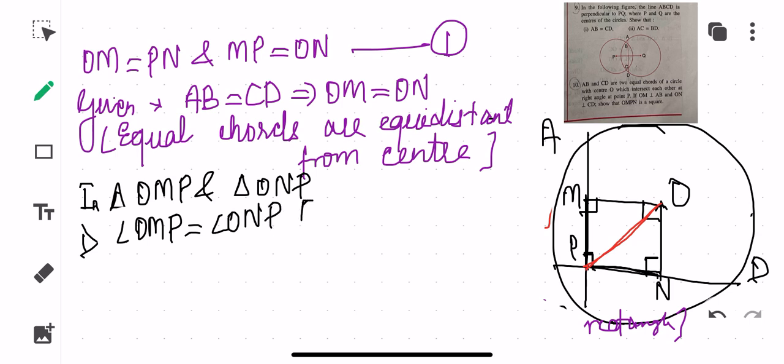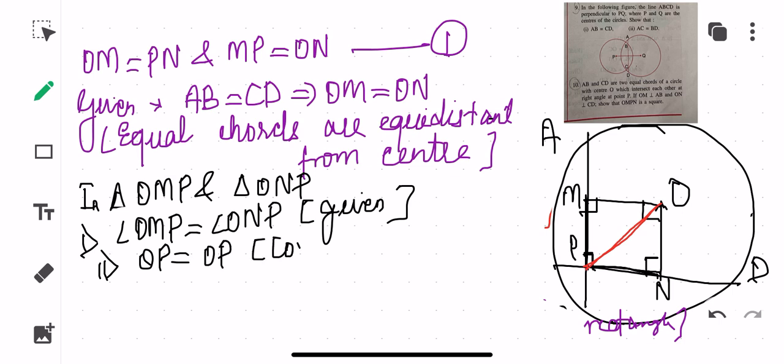Because it is already given that both of them are perpendicular. The second part is OP is equal to OP. Why? Because, children, that is common. And the third part you can write is OM is equal to ON, and the reason is you have just proved above.